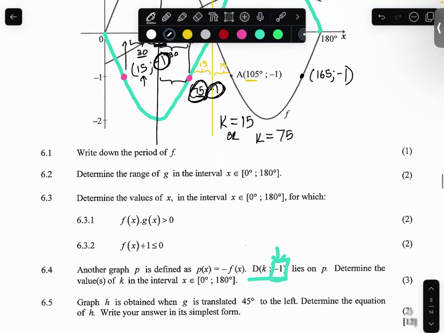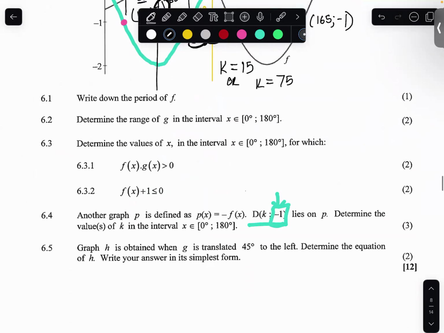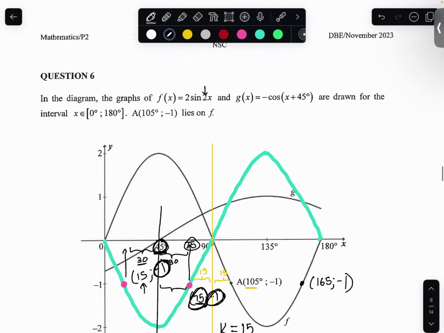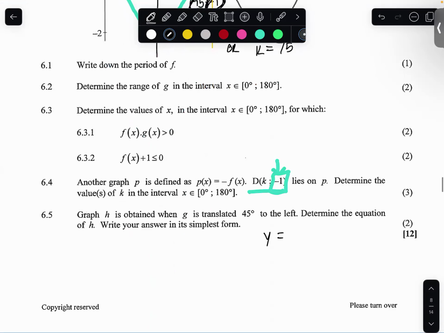All right. And then the last question here says, graph H is obtained when G is translated 45 units, or 45 degrees, to the left. Determine the equation of H, right? So I'm going to take G of x's equation, which is y is equal to minus cos x plus 45, minus cos x plus 45.